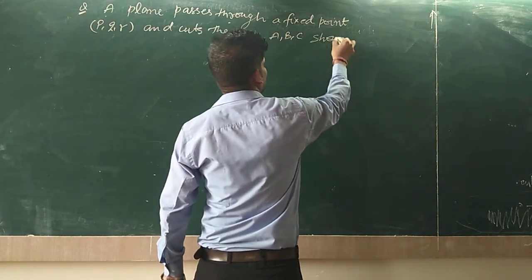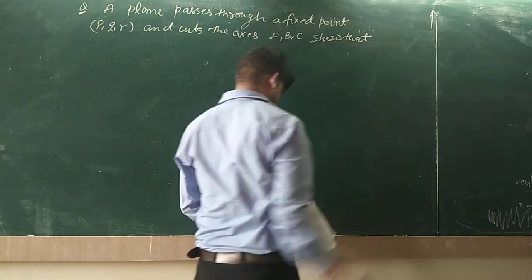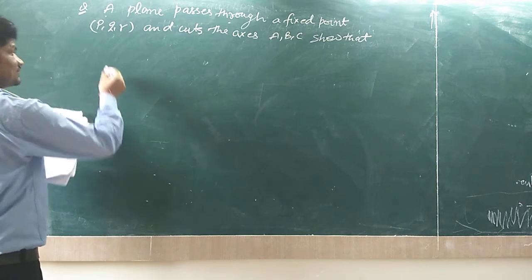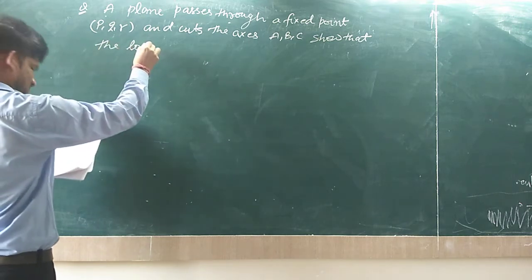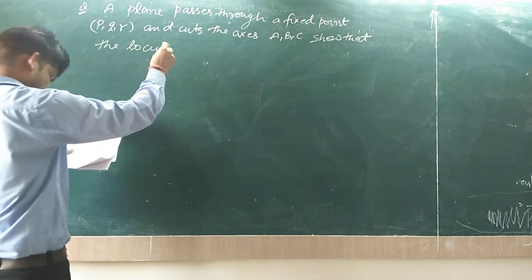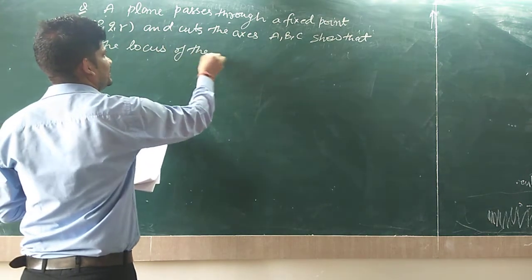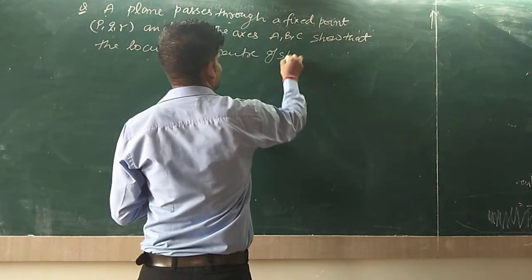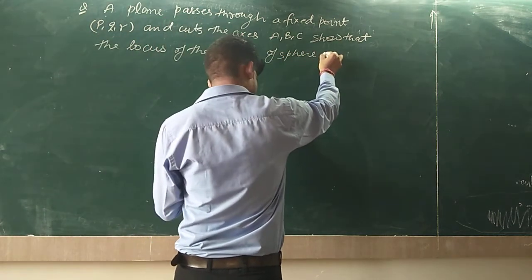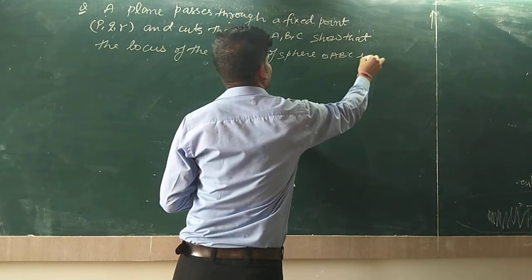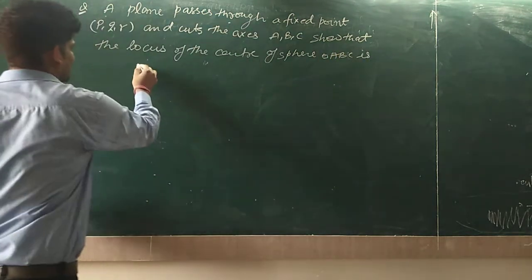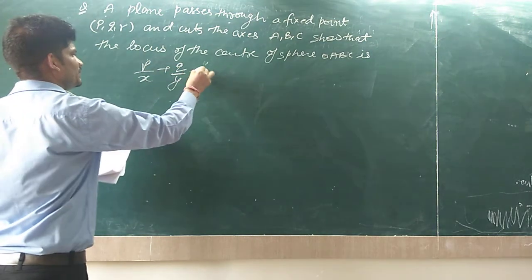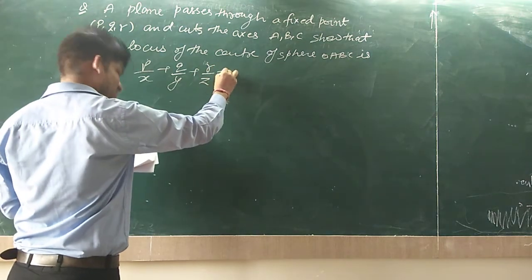So show that the locus of the center of the sphere OABC is P upon X plus Q upon Y plus R upon Z equal to 2.